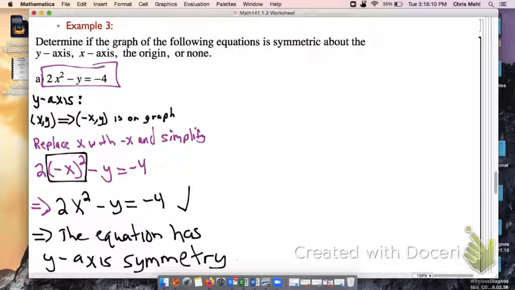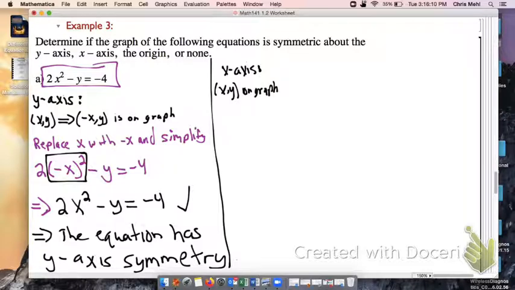Now I can do the x-axis. Remember, a graph has x-axis symmetry if (x, y) on the graph implies that, this time, you change the sign of the y-coordinate, and that resulting point is also on the graph.